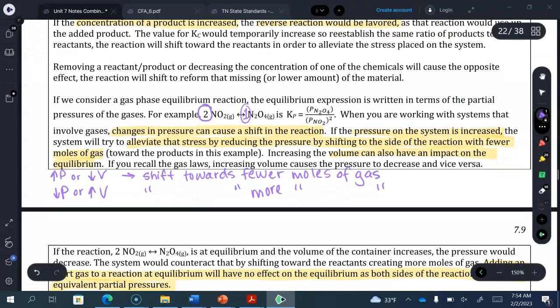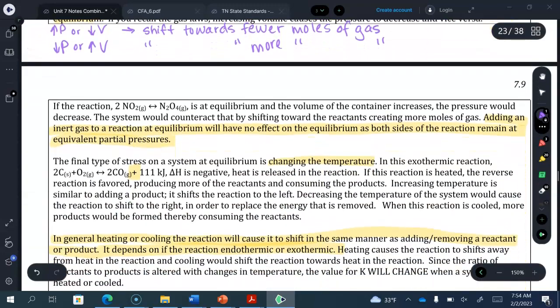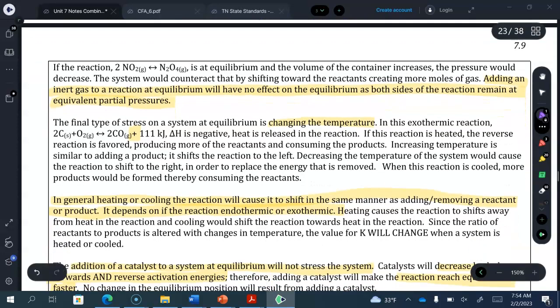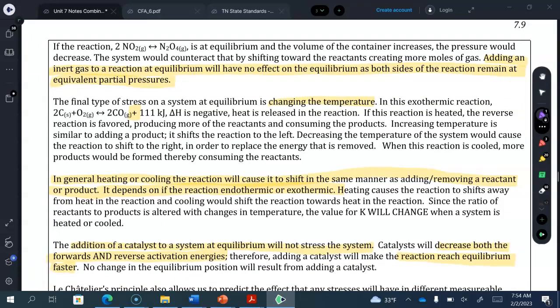Okay. So if the reaction 2NO2 yields N2O4 is at equilibrium and the volume of the container increases, as we were just discussing, the pressure would decrease. The system would counteract that by shifting towards the reactants because there's more moles of gas.